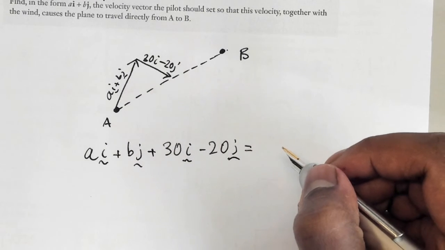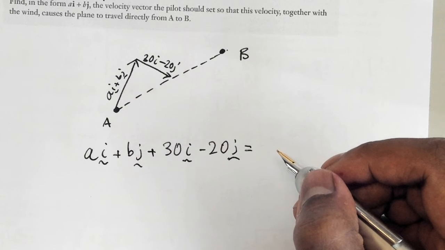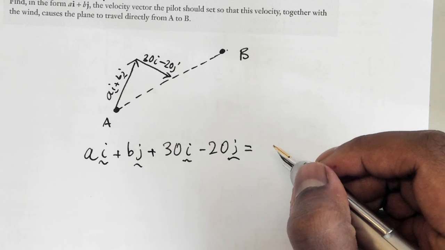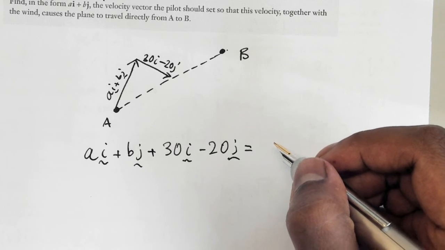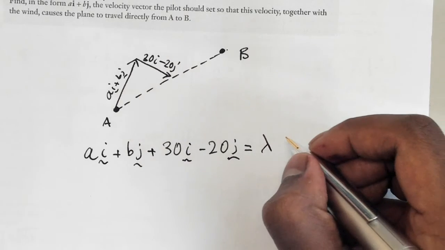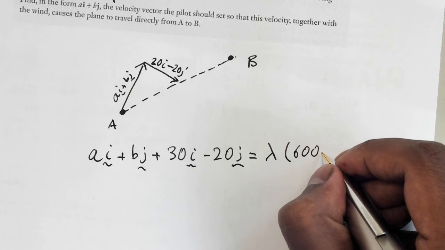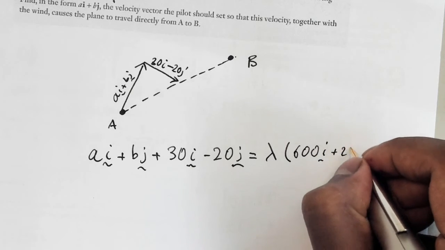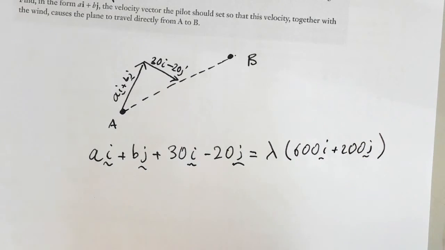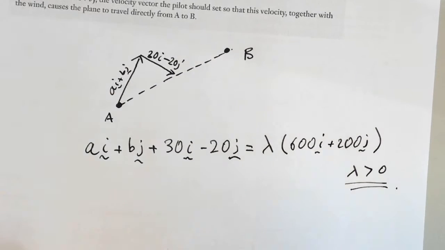And that's going to equal a multiple of my distance, because in 1 hour it's that distance, in 2 hours is multiplied by 2. We don't know the time, but we know that it's going to be some sort of scalar multiplied by my distance. Now let's just say that lambda has to be greater than 0.